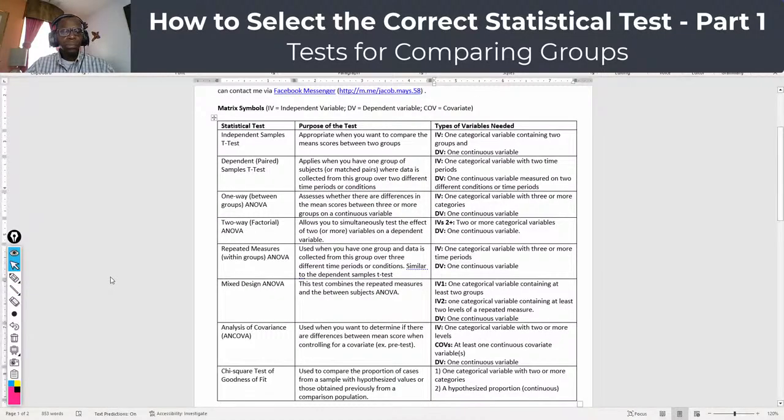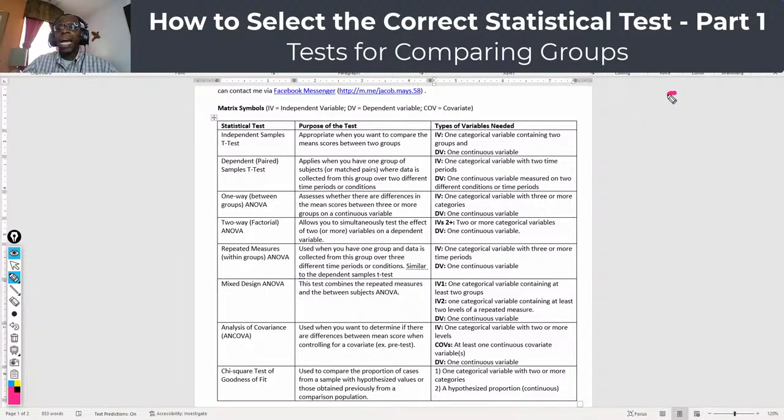Next, we've got the mixed design ANOVA. Here, we're combining both the between subjects and the repeated measures. So this is how it would work. You would have 2 variables, 1 categorical variable containing at least 2 groups, 1 categorical variable measured at least 2 levels of repeated measures or 2 time periods.